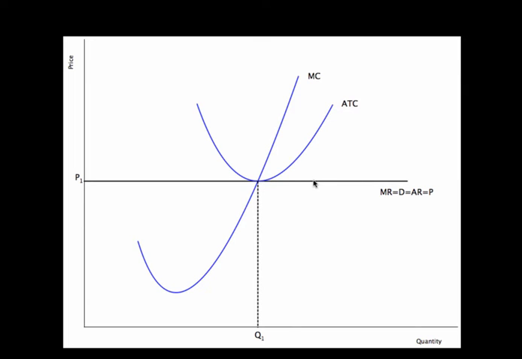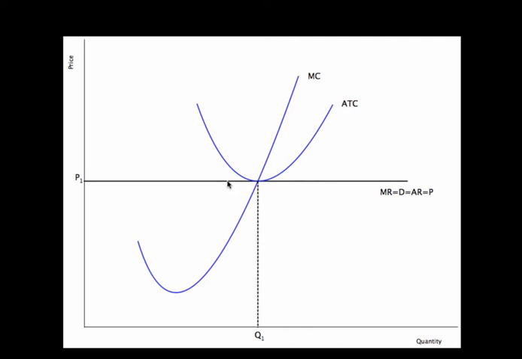And that also means that the marginal revenue of this firm, so remember, marginal revenue is just the change in total revenue for a change in output. So if this firm sells one more unit of output and it's just a price taker, then every extra unit of output is just bringing in that price. So the change in revenue is just the price.